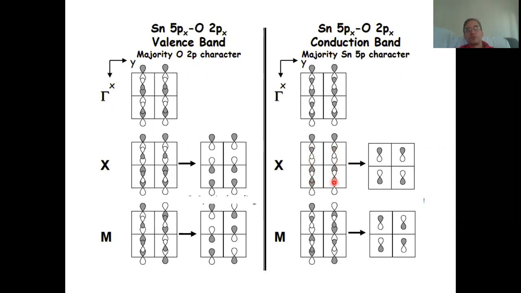So therefore, also this crystal orbital is non-bonding. Okay, we can say that this is the crystal orbital associated with the tin 5px orbitals only. Okay, you see that this is non-bonding, as well as this one is also non-bonding. But of course, the energies of these two will not be the same, because this one has an oxygen character, while this one here has tin character.